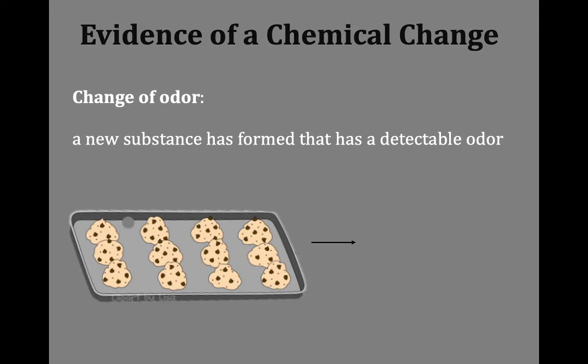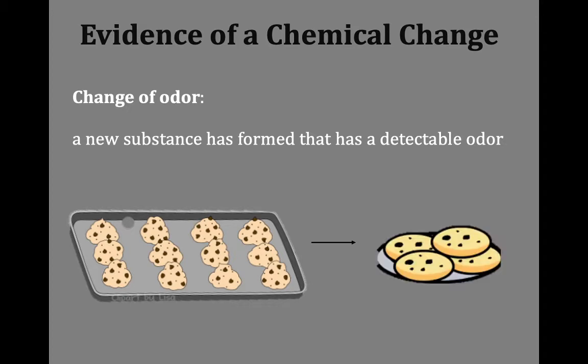If you notice a new smell, that is a huge indication that a new substance has formed. So you know that when you're getting that cookie, that it is edible because it's no longer the same as the cookie dough that you put into your oven. It's a completely new substance, which is an indication that the chemical change has occurred.